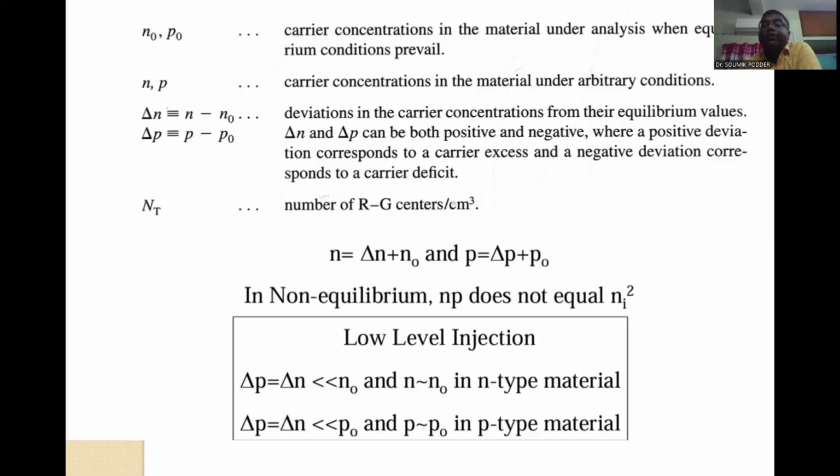But if we have injected a low amount of electrons and holes due to the low incident energy of the photon, then delta p will equal delta n, which is much less than n naught, and n nearly equals n naught, an N-type material. Similarly, delta p equals delta n, which is much less than p naught, so p nearly equals p naught, a P-type material.